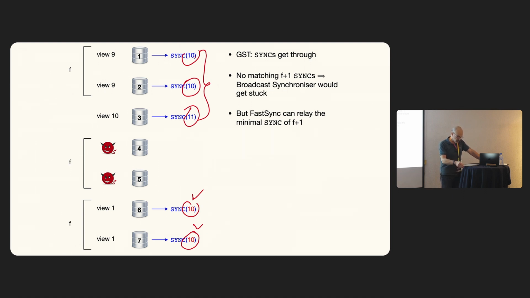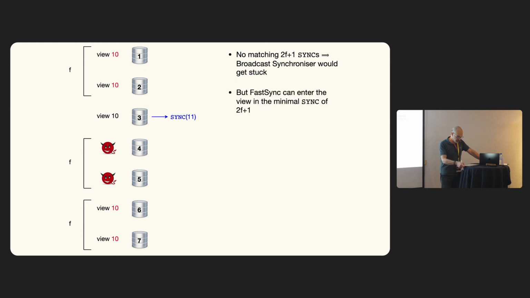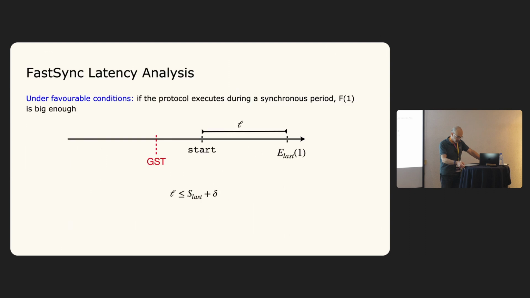And then from this point on, they can all synchronize on the same view. They are all going to time out on 10, propose 11, and then they synchronize in view 11.